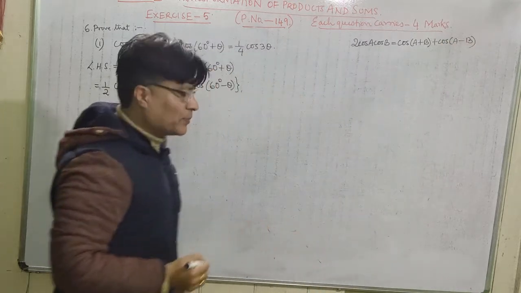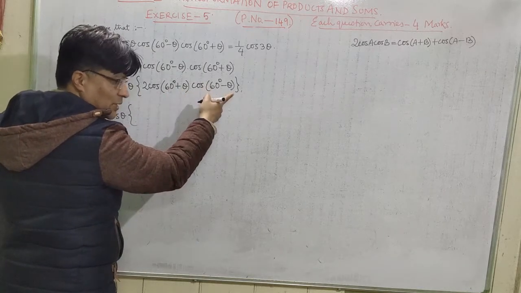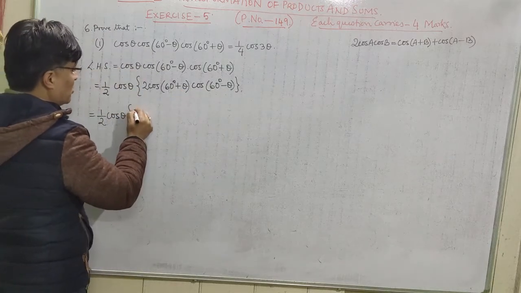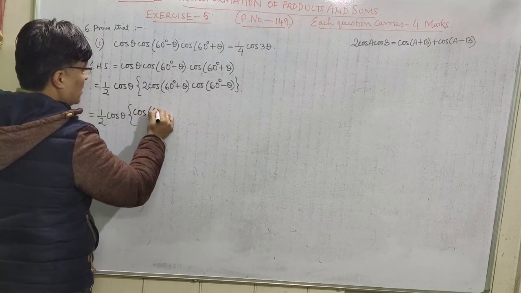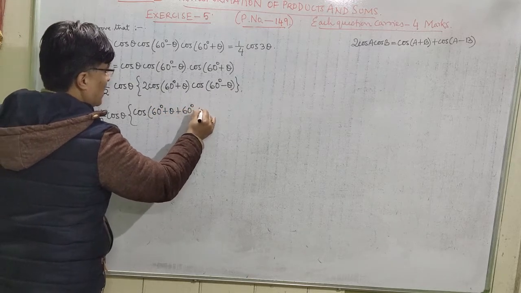Is that clear? So now here A is taken as 60 plus theta, which is greater than 60 minus theta. So here A is 60 plus theta and B is 60 minus theta. So let us use the formula: cos of A plus B, what is A plus B? A is 60 plus theta plus B, 60 minus theta.